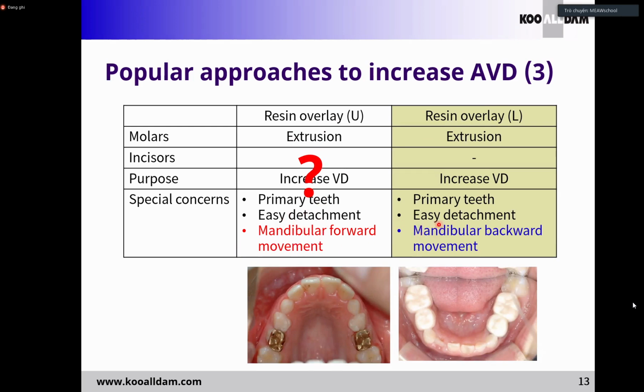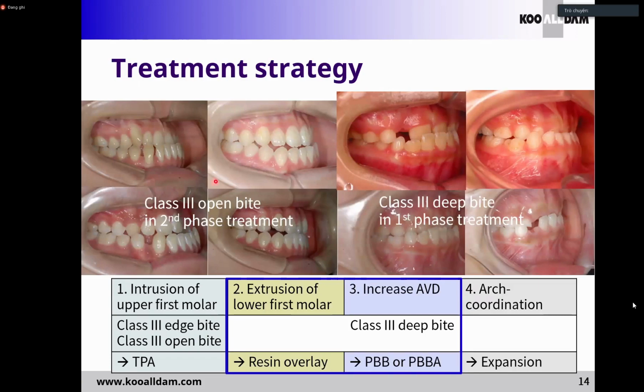On the other hand, you should remember, when we want to treat class 3 malocclusion, we should insert resin overlay in the lower arch. So this is a treatment strategy, especially for class 3 deep bite in first phase treatment.